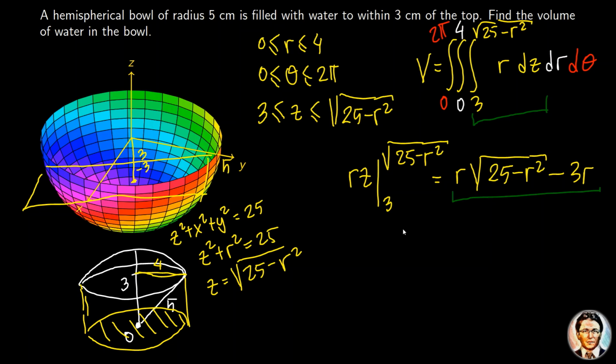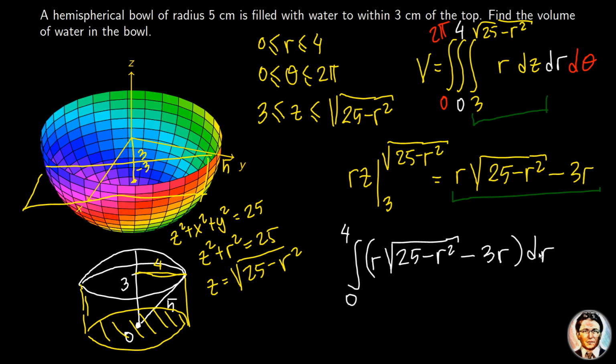Now let me write the second integral, which is with respect to r. 0 to 4, r times square root of 25 minus r squared, minus 3r dr. For this part we will use a substitution. This is the integral that we have to calculate.